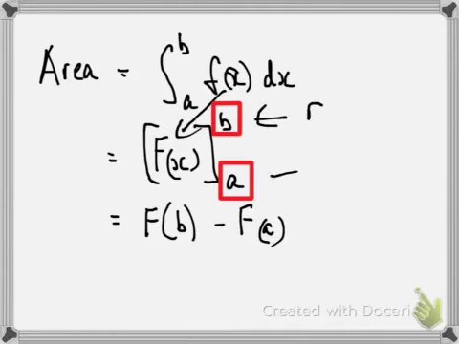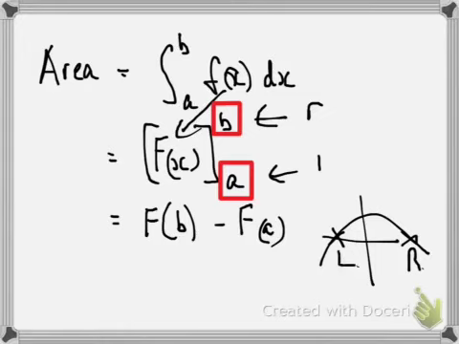That is the left-hand terminal. So when we're finding an area under a graph, that's our right terminal and that's our left terminal. And we find out this definite integral by putting the right-hand terminal into the function minus putting the left-hand terminal into the function, and that will give us an answer.